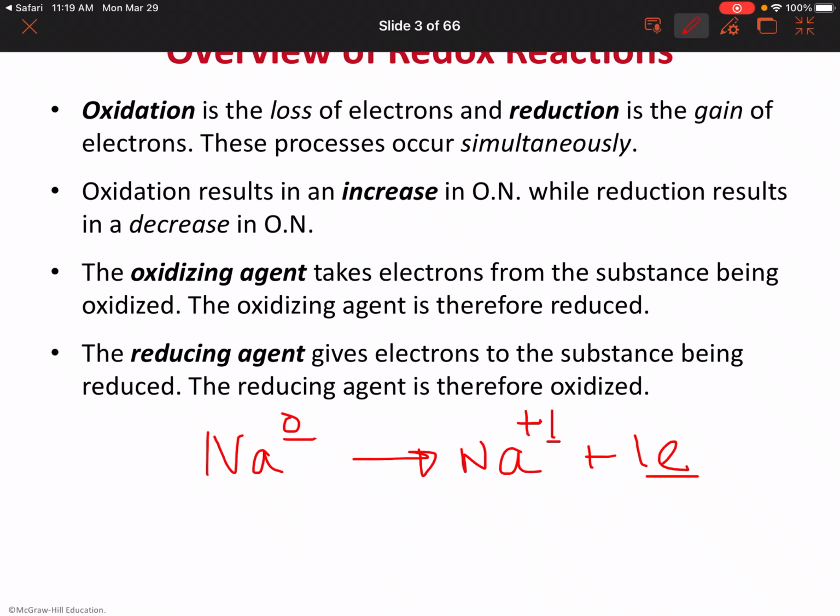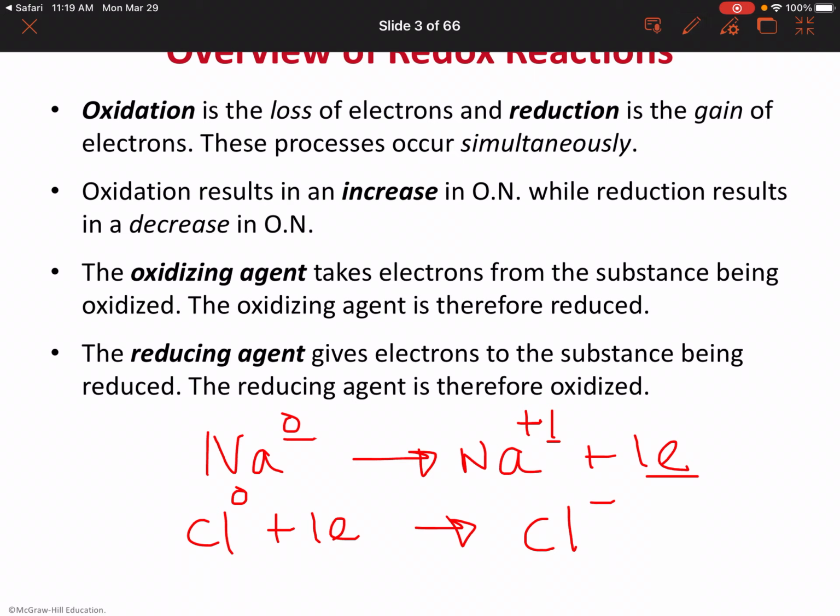And somebody has to be there in order to take this lost electron. Let's say you have chlorine. Chlorine is going to gain that electron and become Cl minus. So right now it is 0. Now gaining 1, it becomes Cl minus 1. So in a reduction, oxidation number decreases.